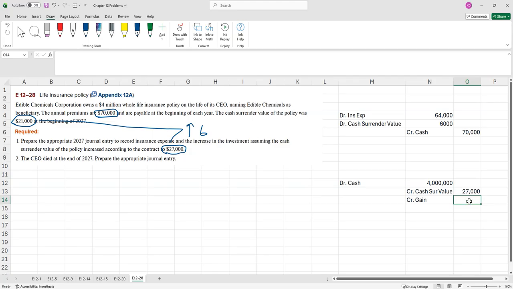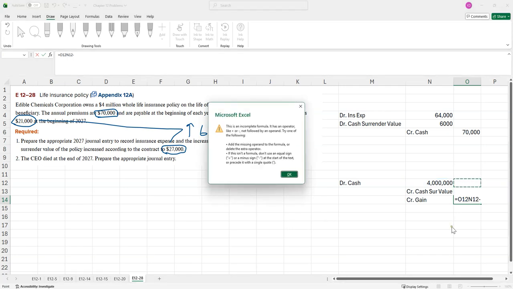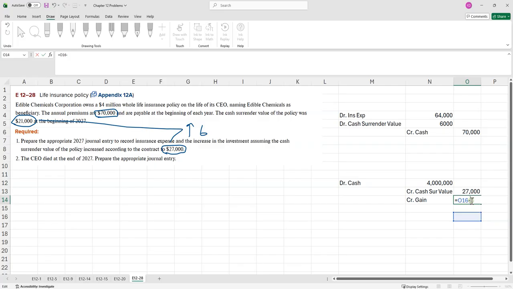So if we took 4 million minus, I'll just type the numbers in here. It's 3,973,000, the difference if you were to plug it.